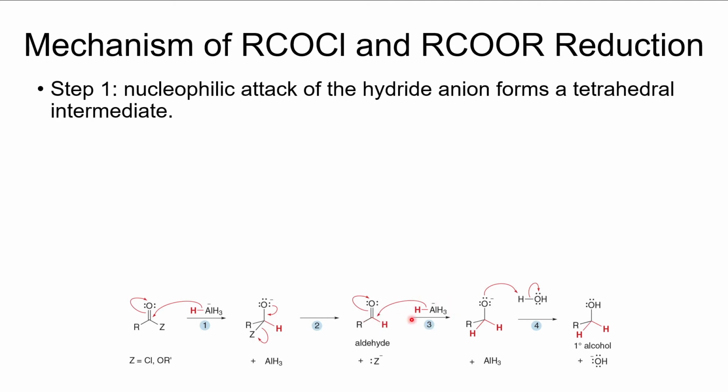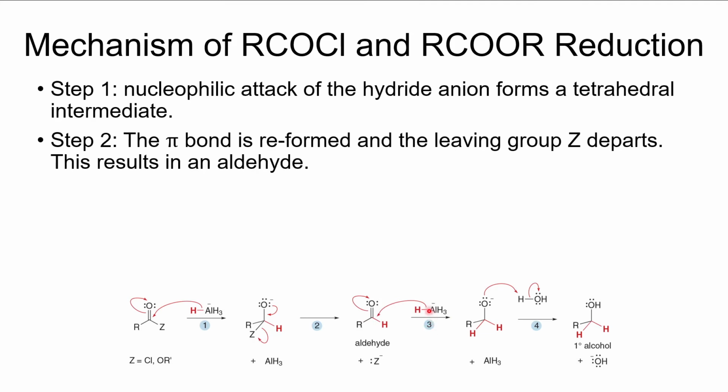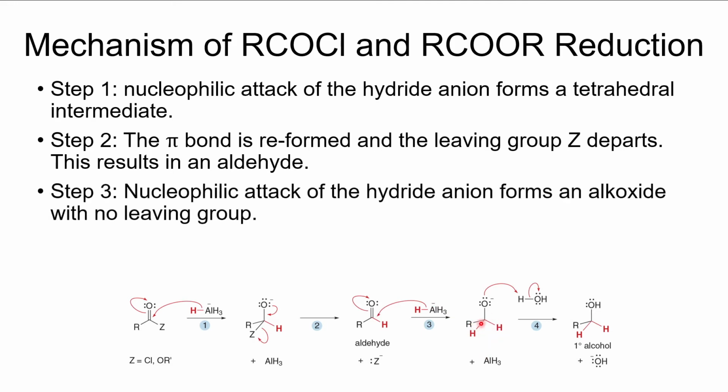But if we have lithium aluminum hydride, that will also react with the aldehyde to give another tetrahedral intermediate. And this particular tetrahedral intermediate doesn't have a leaving group, so we can't lose any groups here.